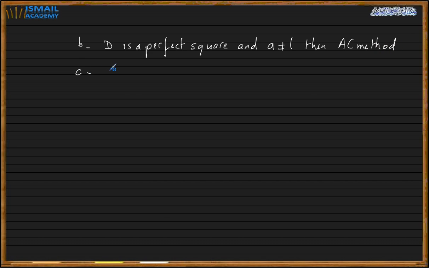So for the last case C, if D is not a perfect square, then you have to use the Alice method. Even though the Alice method can be used for all three of them, those are the choices. So in the end, it's your decision which method you want to use.